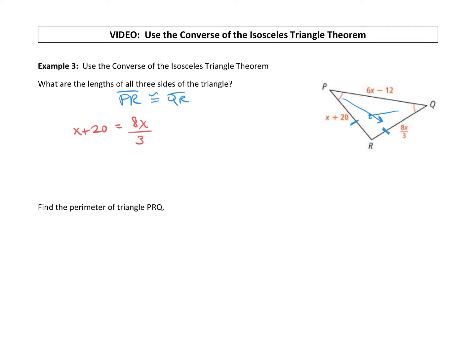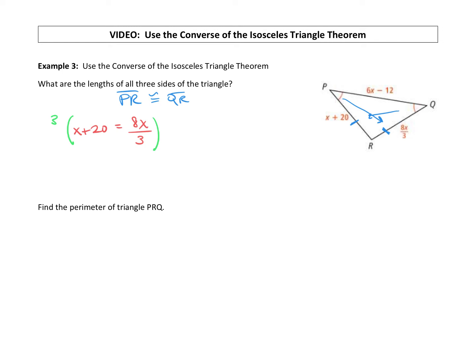All right, so we're going to solve for x. This fraction might throw some people off. So one way to get rid of fractions, and if you guys had me last year, you'll recognize this, to get rid of fractions in an equation is to multiply everything by the denominator of your fraction.